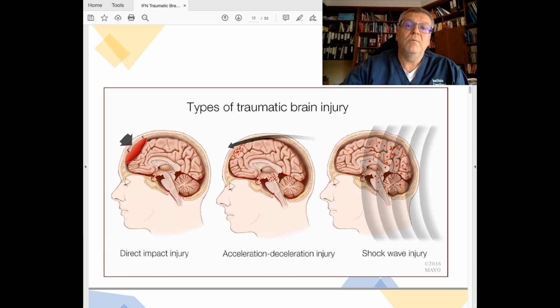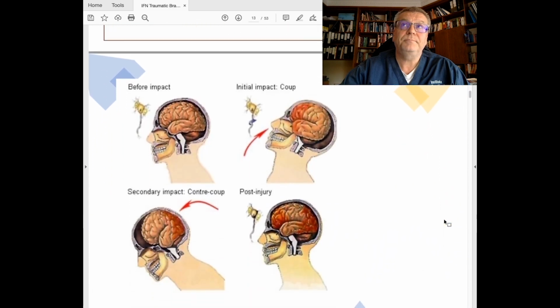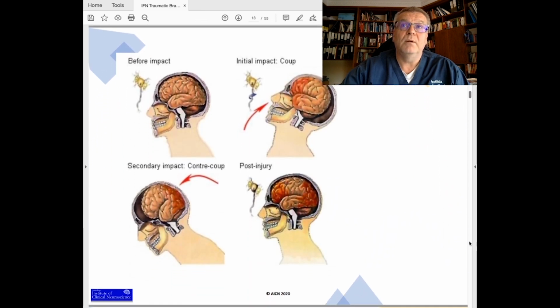But I also want to talk about another consideration when we're talking about concussion, and that's this coup, contrecoup, or contra coup situation, where if we receive a direct hit, for instance to the chin, it causes our head to fling backwards, but our brain moves in the opposite direction.